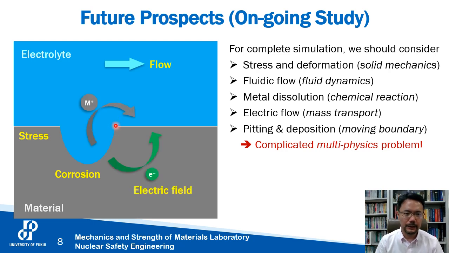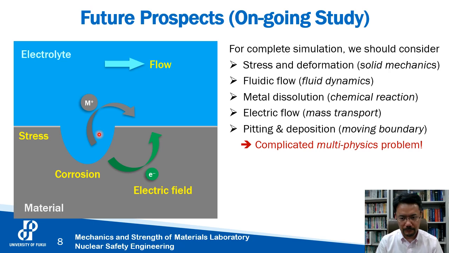At this time, the metallic ions are eluted into the electrolyte, and these ions are moving and diffusing according to the electric fields and fluidic flow. So we need to consider this kind of ion movement, ion transportation.